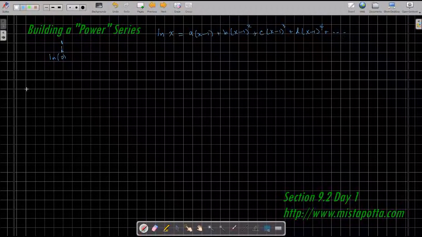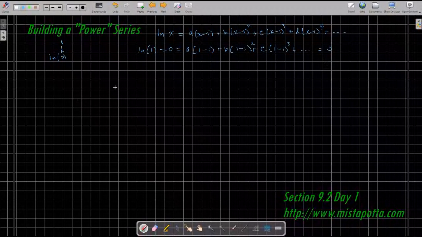So I know that the natural log of 1 is 0. And looking at this, that gives me a times (1 minus 1) plus b times (1 minus 1) squared plus c times (1 minus 1) cubed plus and so forth. All of these terms are going to go away.